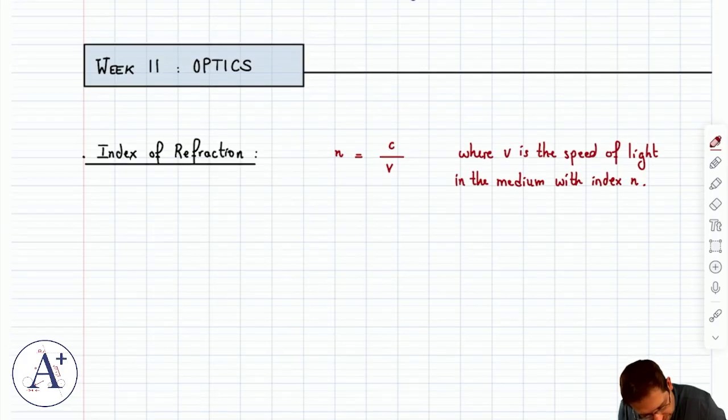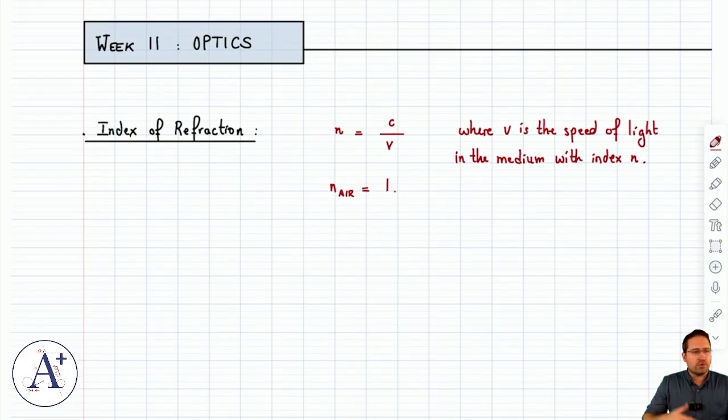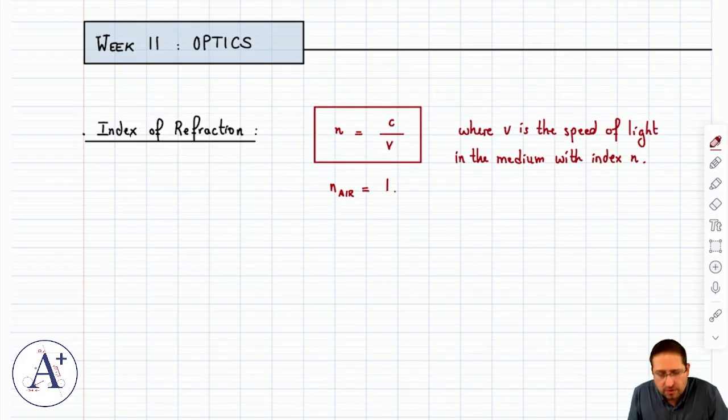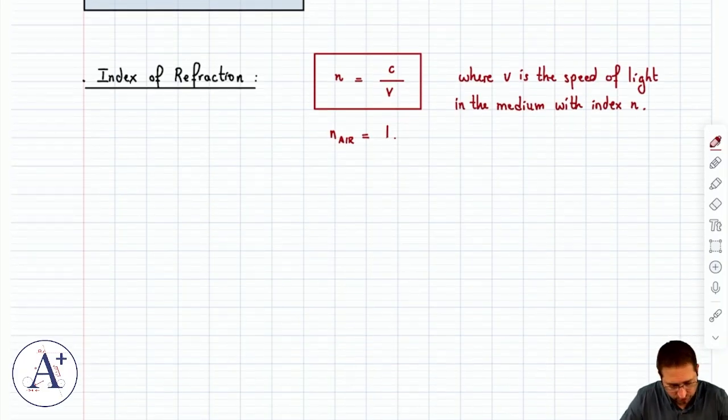The smallest n can be is 1, the case for air, because v is equal to c in air. So n air is equal to 1, and water is 1.33, for instance. Glass or plastic is around 1.5 or so, but the value is specific to the medium. And so you can actually identify a medium if you know its index of refraction. What it does is measure how the light slows and bends or turns when it enters this medium. We'll see what that means when we talk about Snell's law in a second. But it is a property of transparent media, and for a given transparent medium, you have a given n.